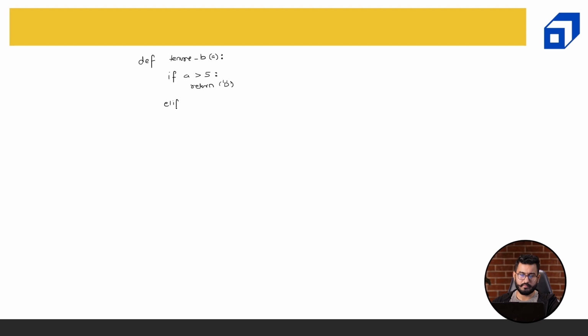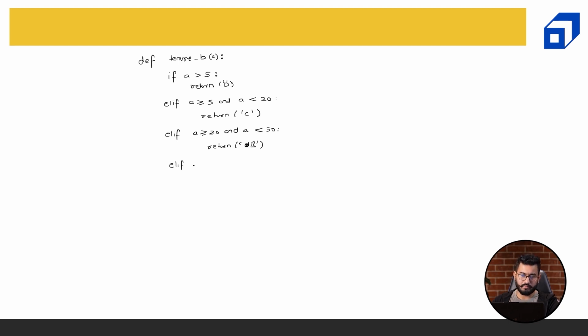If the value is greater than or equal to 5 and less than, let's say, 20, then I want to return c. Then if the value is greater than or equal to 20 and less than, let's say, 50, then return b.